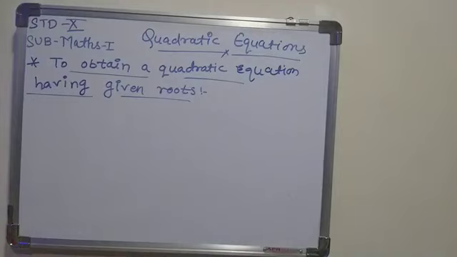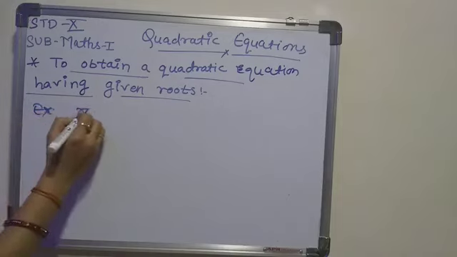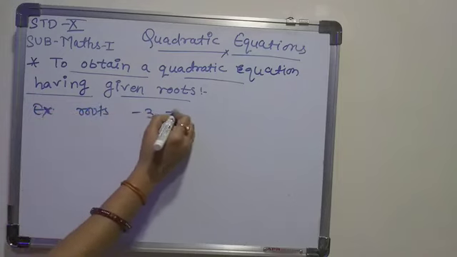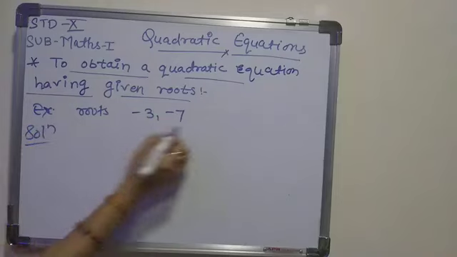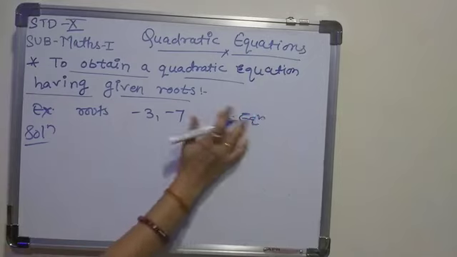Now let's just solve the sum. Obtain the quadratic equation if the roots are -3 and -7. So we are going to solve this. We have to find the quadratic equation. Clear?